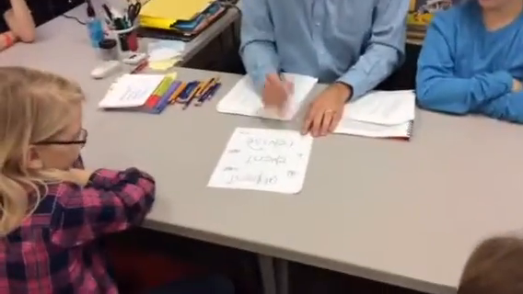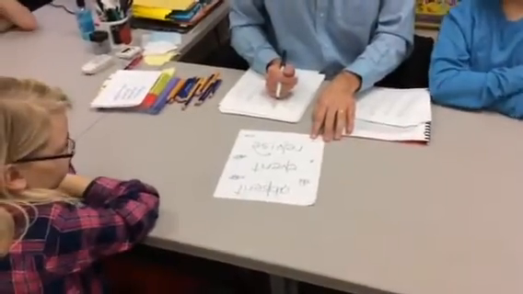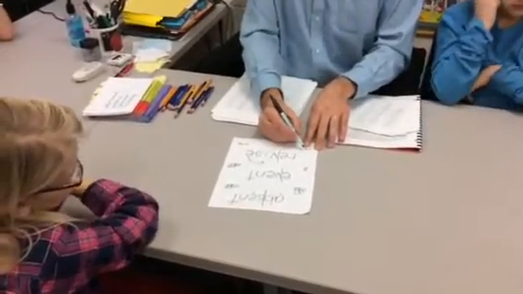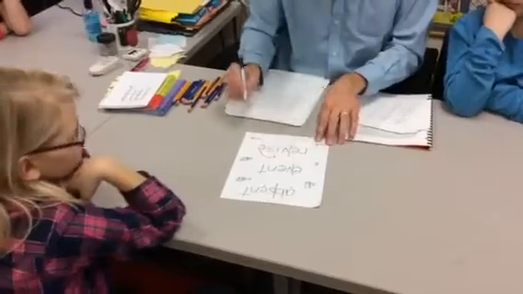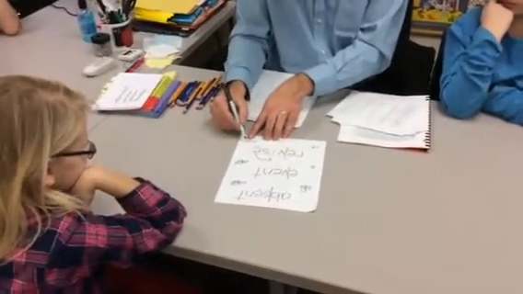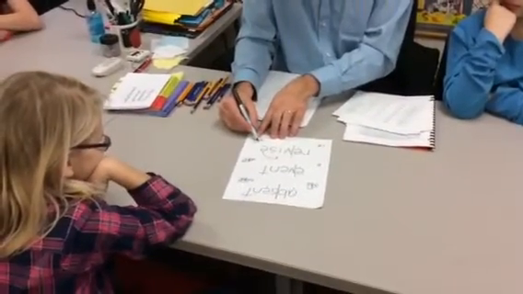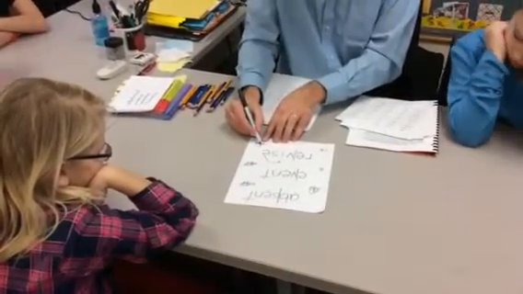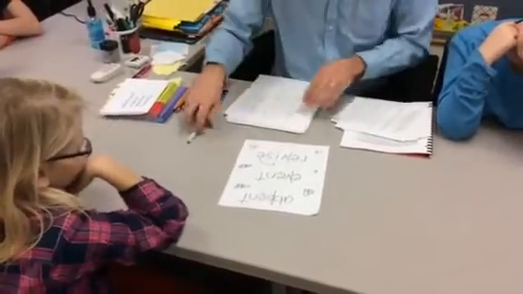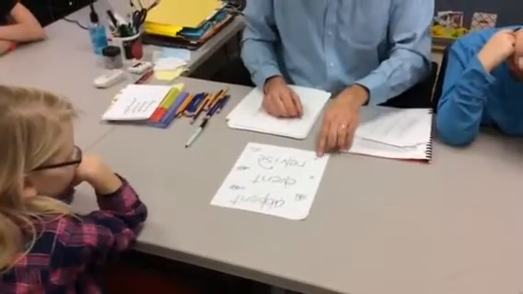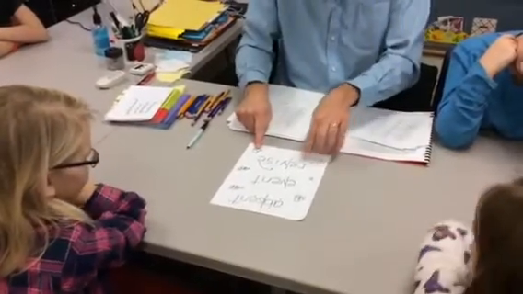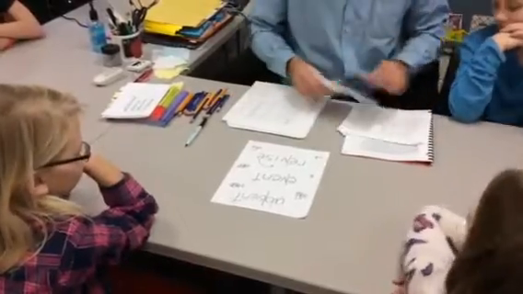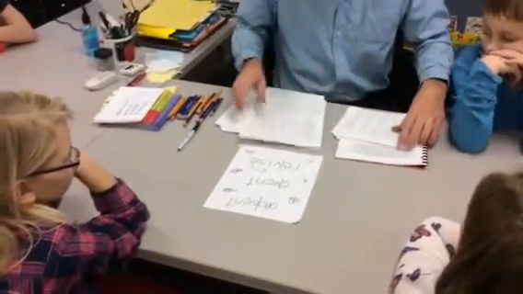So, what comes after this? Nothing, which makes it open. So it says its own name. But this is the new one. The E makes the I, because it's a sneaky E, say its own name. Okay? So let's go ahead and say this one. Revise, revise.